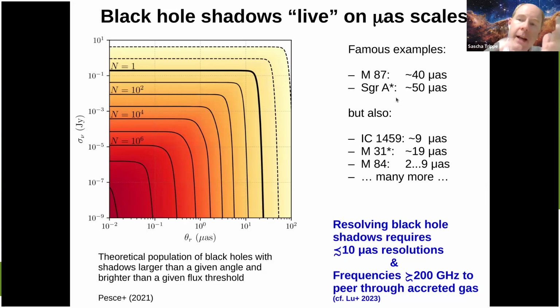Now, on the other hand, what we can do is look at the population of supermassive black holes of which we are aware. There are two parameters to be considered. One parameter, the horizontal axis in this case, is the angular diameter on the sky, since the black hole shadow should be large enough to be observable by your observatory of choice.